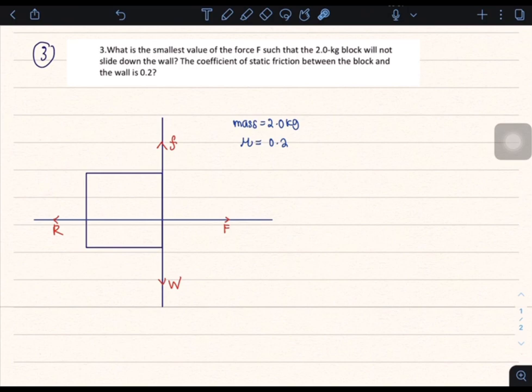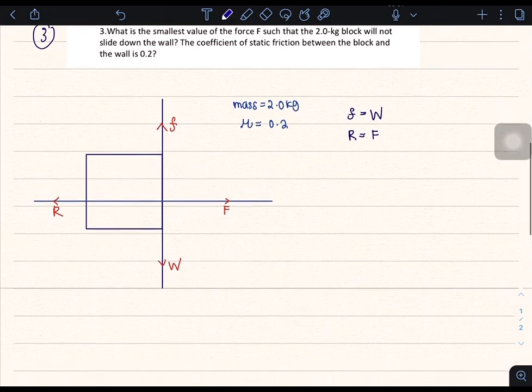The question wants us to find the value of the force. If you see here, friction is the same as weight, while resultant force is the same as force.